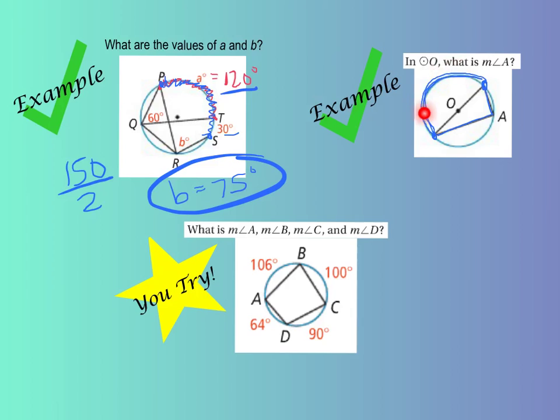If this is 180 degrees, then my A is 180 divided by 2. So the measure of angle A is 90 degrees. Again, my whole circle is 360, this intercepted arc is 180, I divide that by 2 to get A equals 90. Here's a you-try problem for you to do.